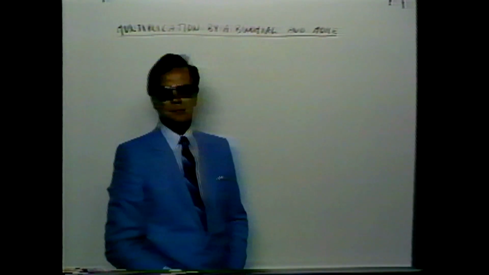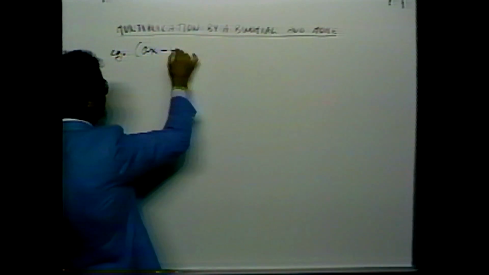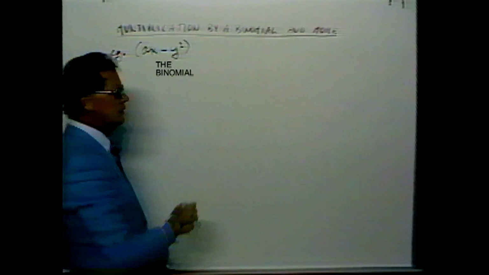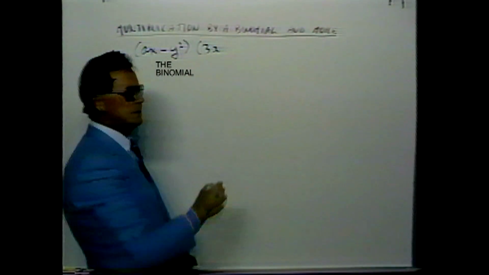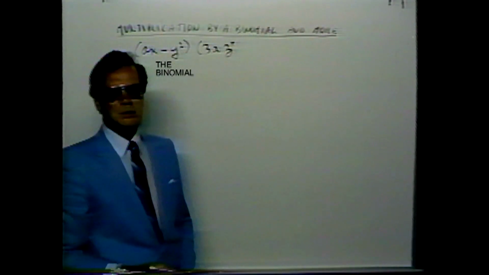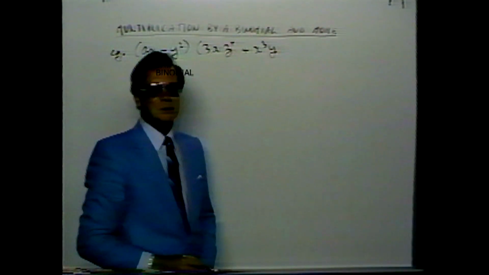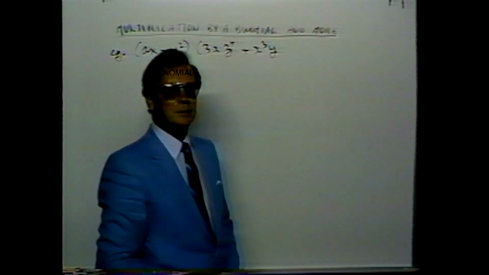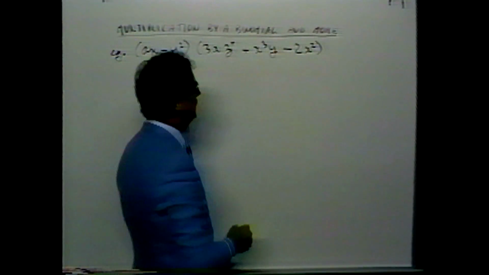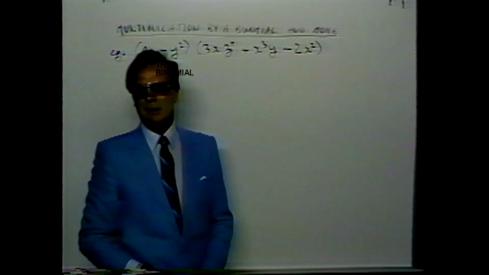For example, ax minus y squared multiplied by 3x z to the fourth plus x cubed y minus 2x squared. Here we have two multinomials being multiplied out.